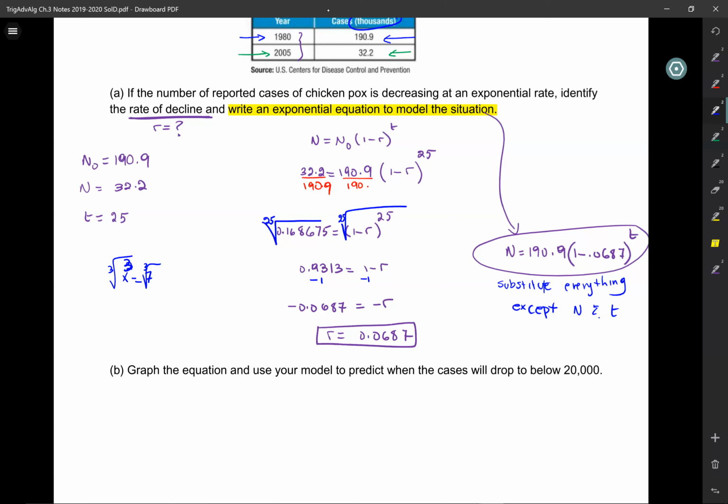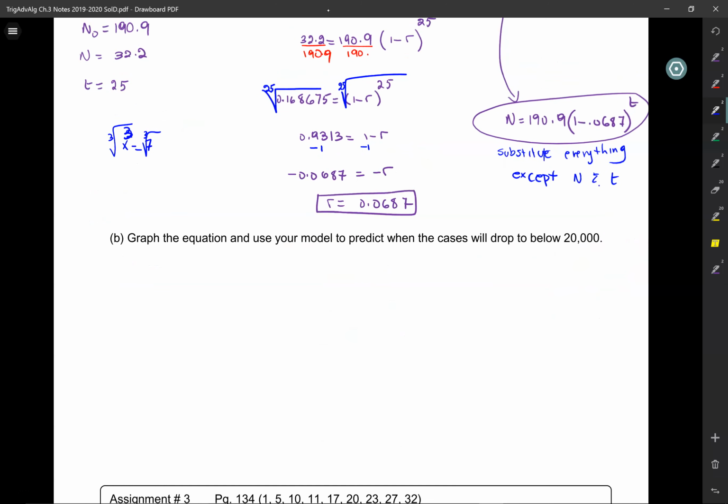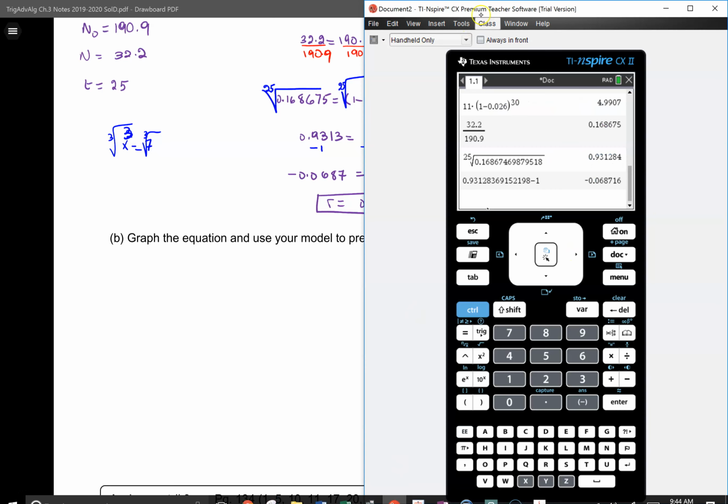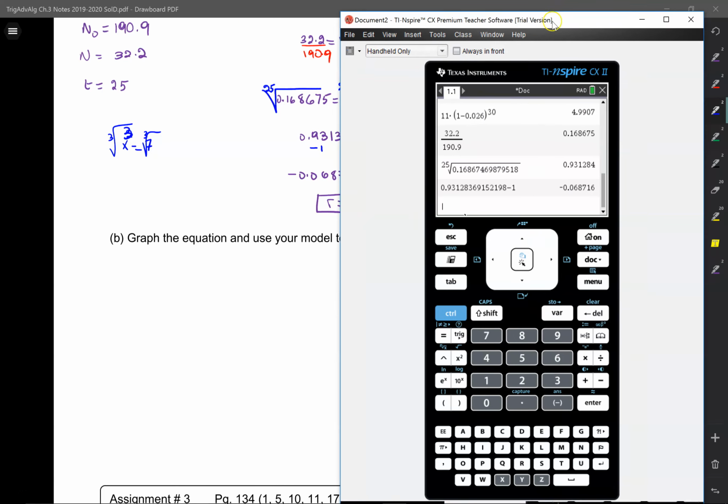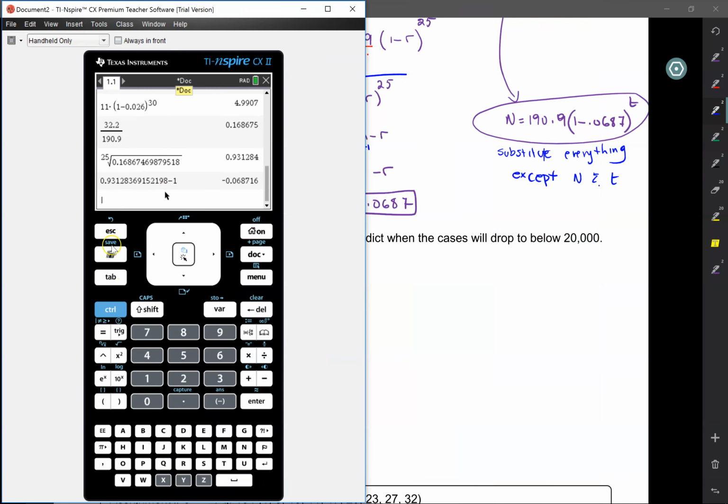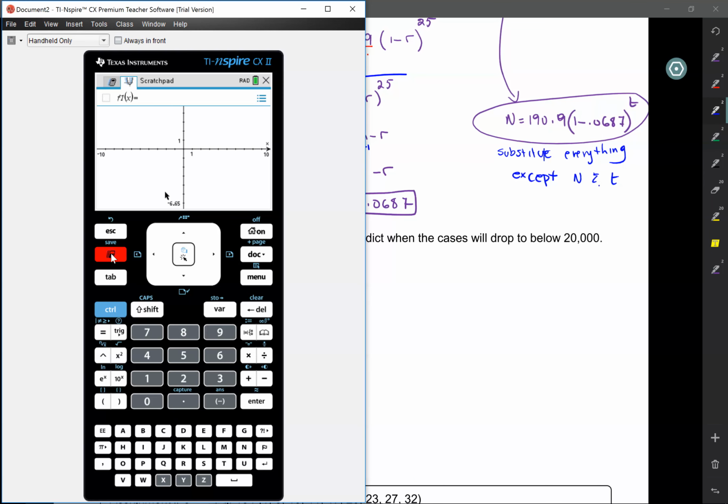Okay, now it says graph the equation and use your model to predict when they will drop below 20,000. So let's graph it. What's the equation that we came up with? So N equals 190.9 times 1 minus 0.0687 to the power of x. Okay?